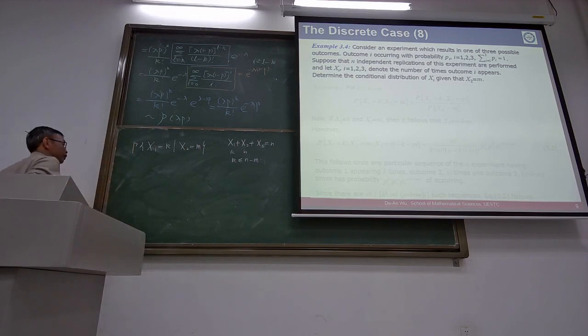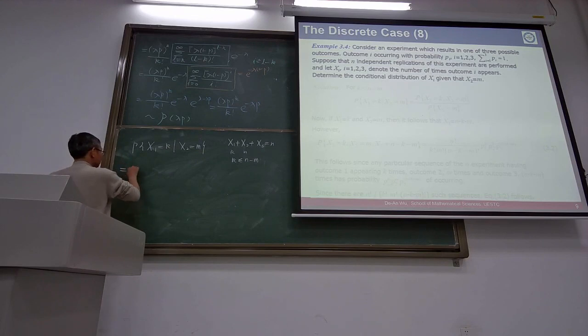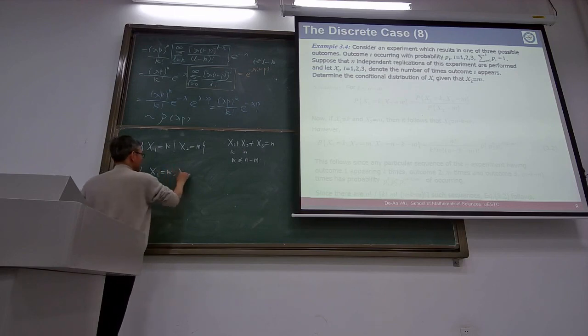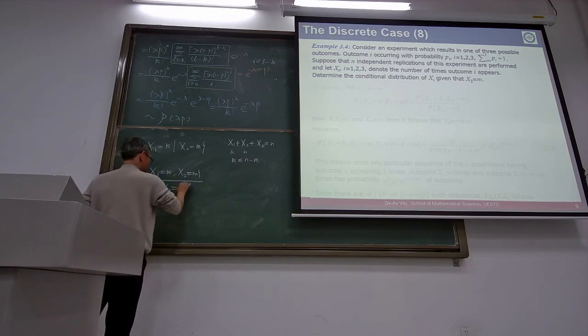How to find such a conditional probability? This gives the probability that X1 equals k and X2 equals m, over the probability that X2 equals m.